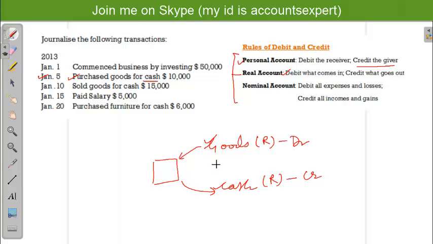But to represent goods account in the books of accounts in this transaction, we will consider purchase account. So to record this transaction, purchase account will be debited and cash account will be credited.